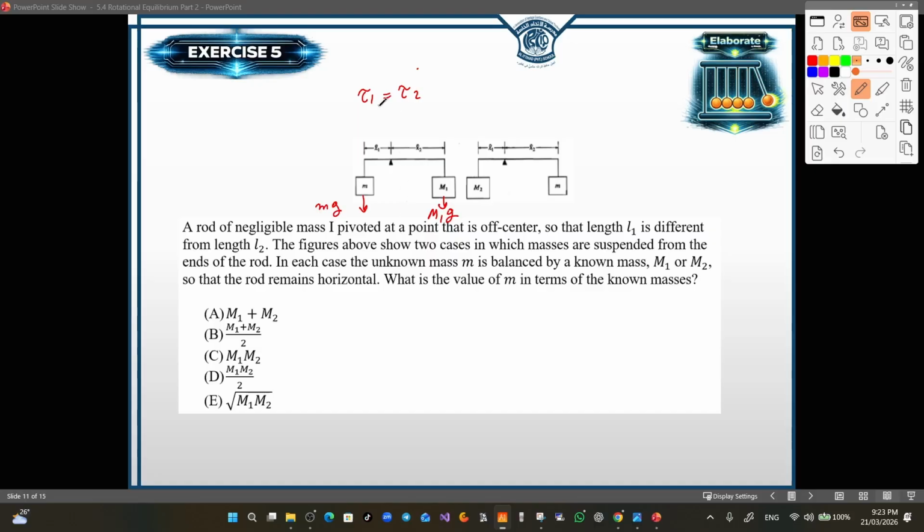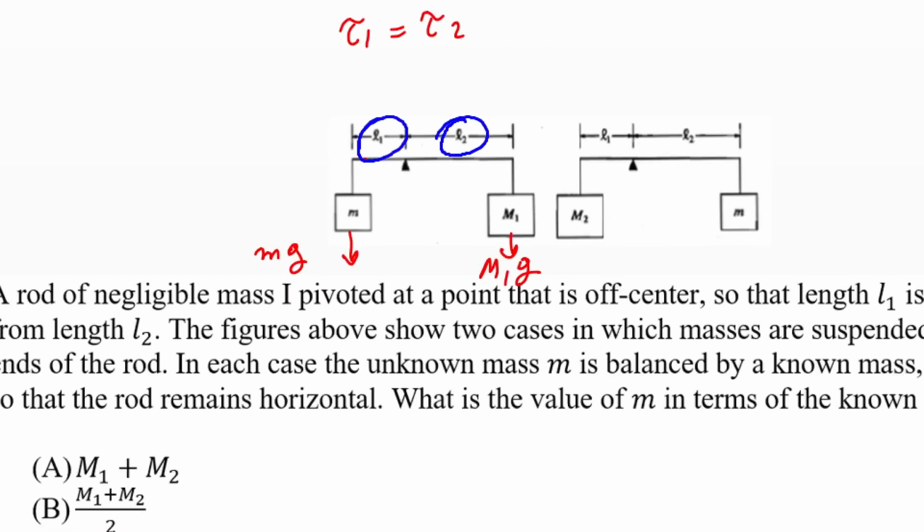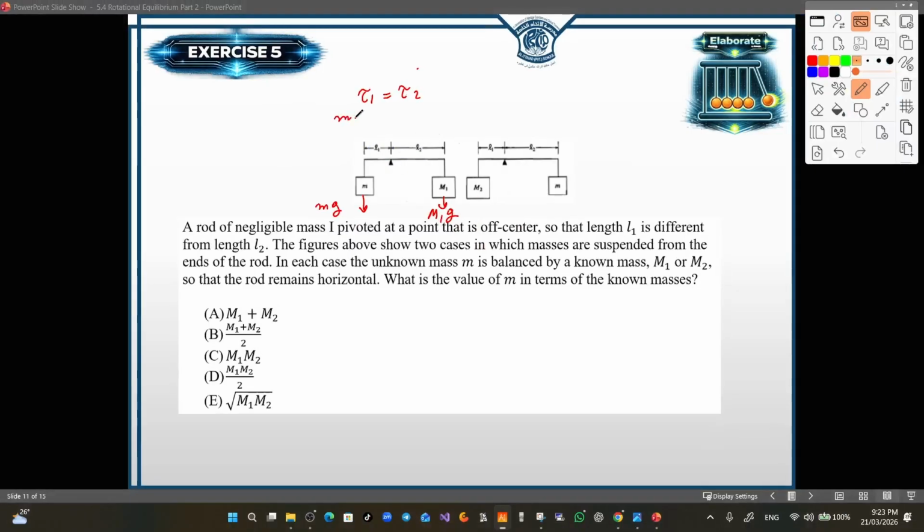Now we can write force times distance, where distance 1 is L1 and distance 2 is L2. So mgL1 equals m1gL2. Now g with g cancels out, and we can write that mL1 equals m1L2.